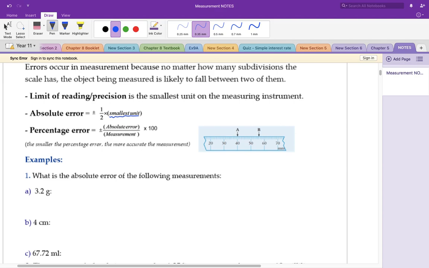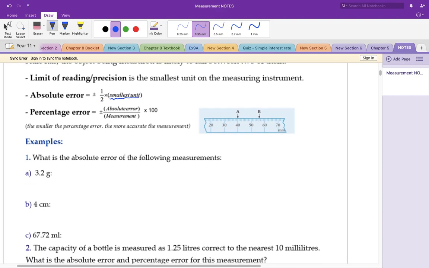So examples. 3.2 grams. How many decimal places are there? There's 1 decimal place, right? Because there's 1 decimal place, I know I can measure to the nearest 0.1 gram. So this is going to be the smallest unit in the formula.